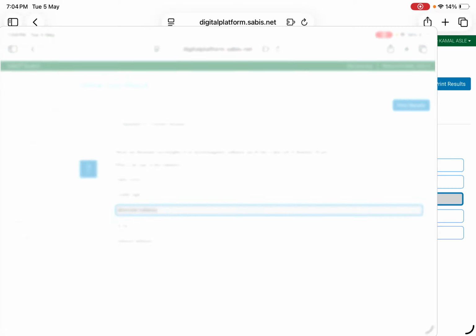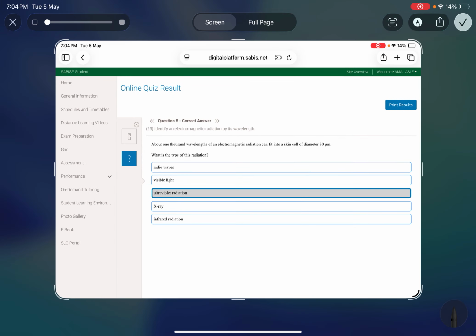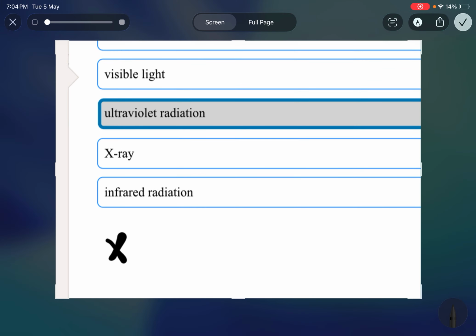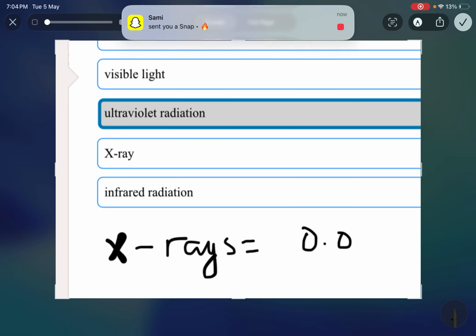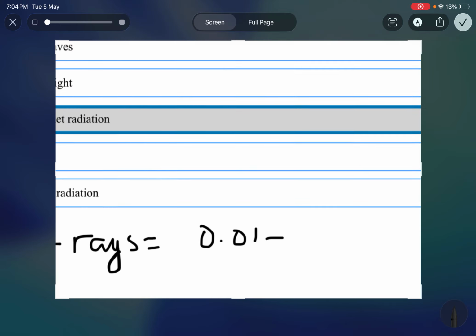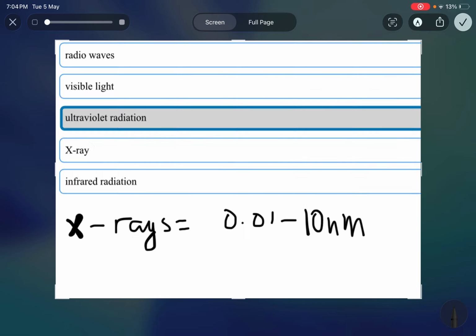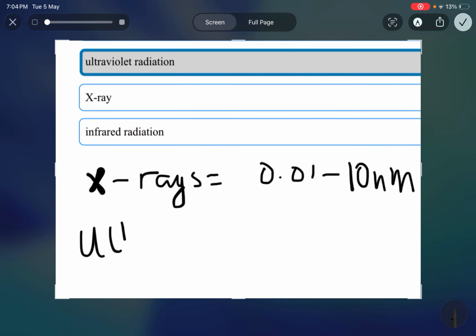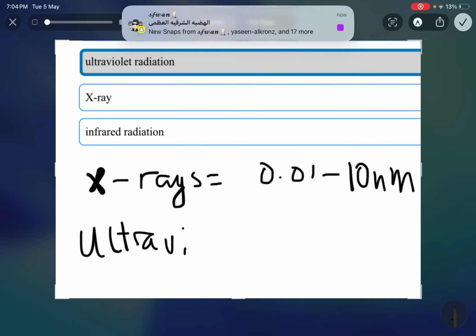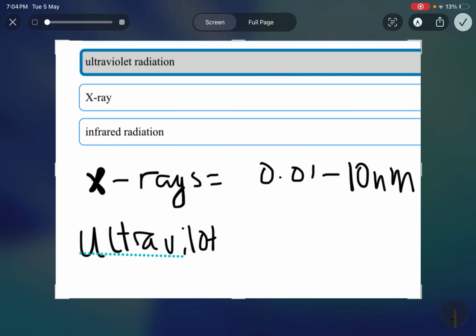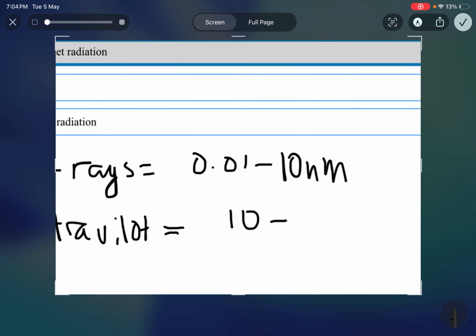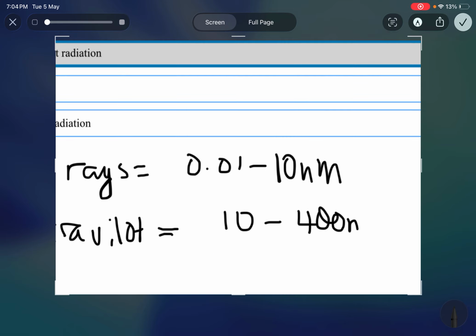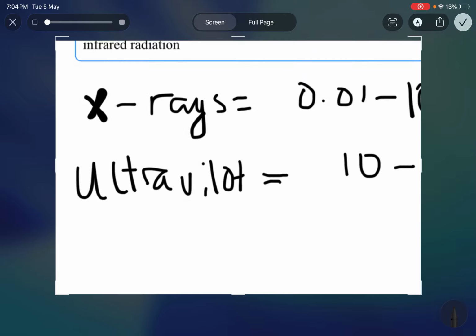Let me tell you. So X-rays, wait 1 second. Okay, X-rays are from 0.01 to 10 nm. Ultraviolet, okay, is from 10 to 400 nm, and I'll tell you how to calculate the nm.